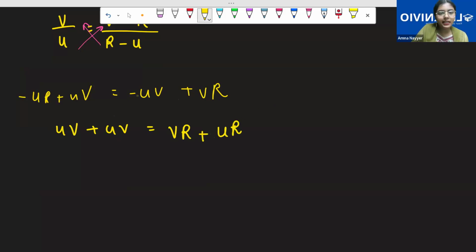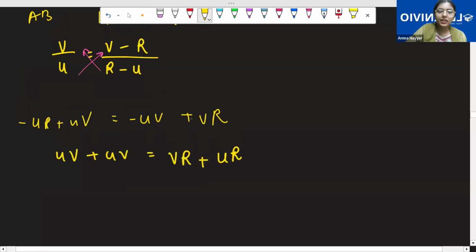When UV comes here, it will be UV plus UV. And when this minus UR goes on the opposite side, it will be plus UR. So that makes this 2UV equal to VR plus UR.